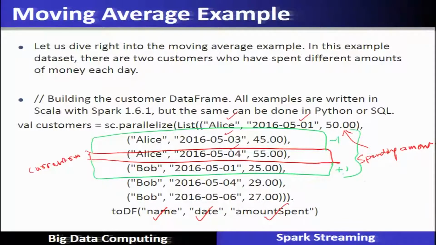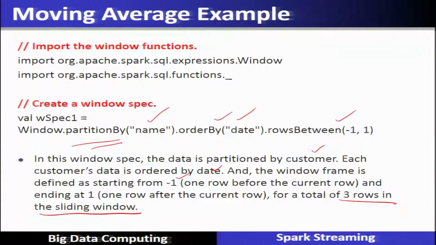So the window of size 1 and -1 will require 3 rows in the window for operations. Therefore, the window frame is defined as starting from -1, that is one row before the current row, and ending at 1, that is one row after the current row. So in total, there are 3 different rows in the sliding window.